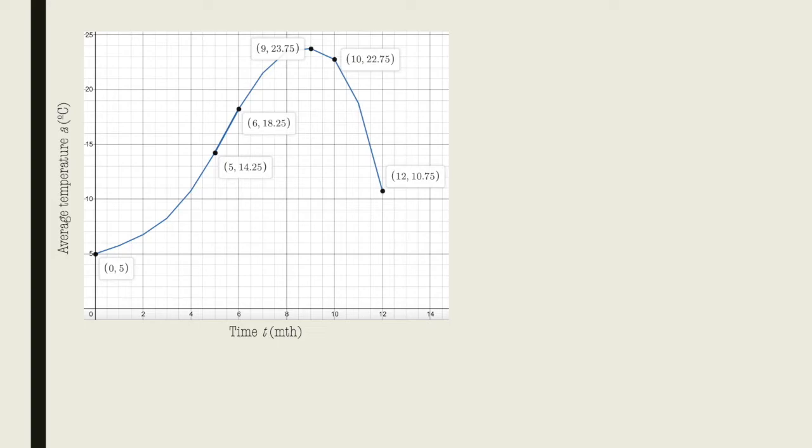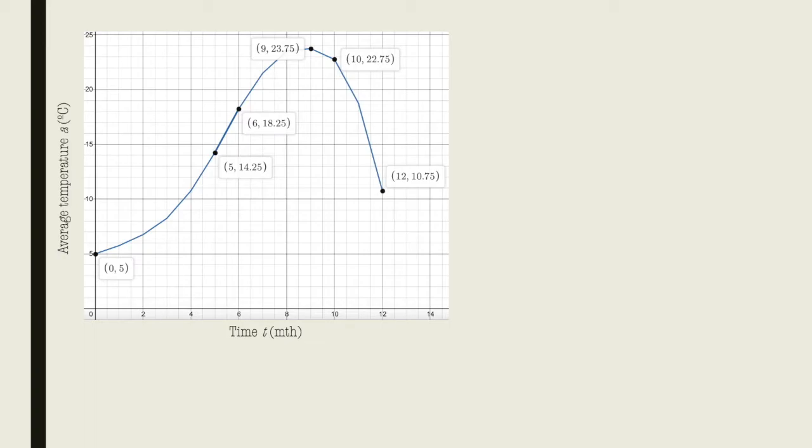More specifically, the average temperatures A in each month of the year. The x-axis is once again time, though now in months, while the y-axis is the aforementioned average temperature in degrees Celsius. This graph may seem daunting at first. However, I promise it is not as complicated as it may seem in the beginning.